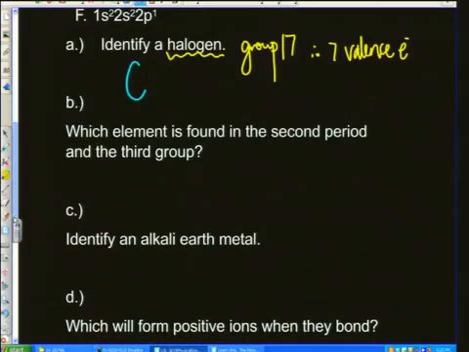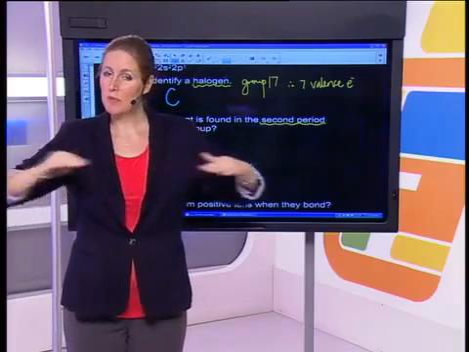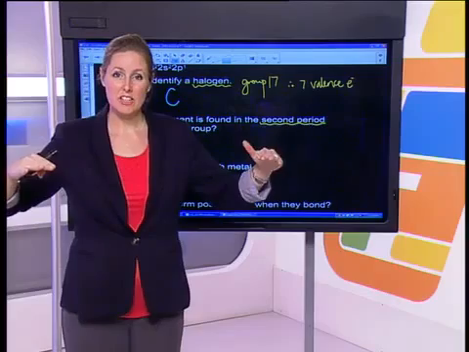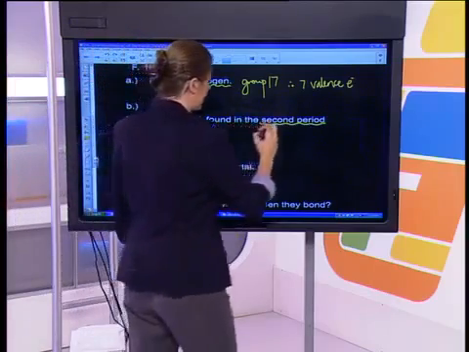Which element is found in the second period and the third group? Okay, so second period is going to mean, how do the periods link up with these electron configurations? Second period, or the second row, is going to mean that it's in the second energy level. So I need to write that down.